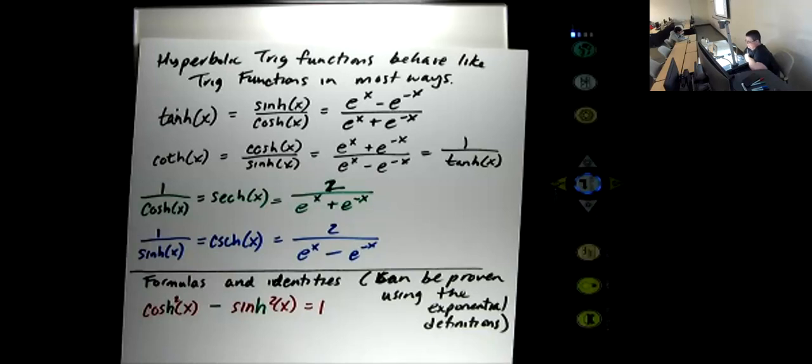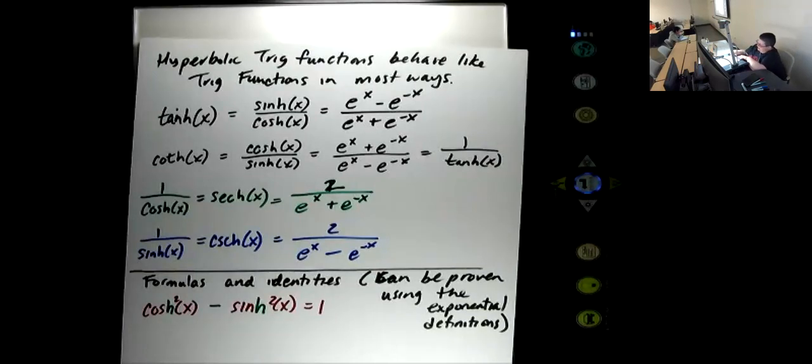So cosh squared x minus sinh squared x equals 1. Of the 3 that are going to be on this page, that's the one you need to memorize, because the other 3 are all derivable from this.